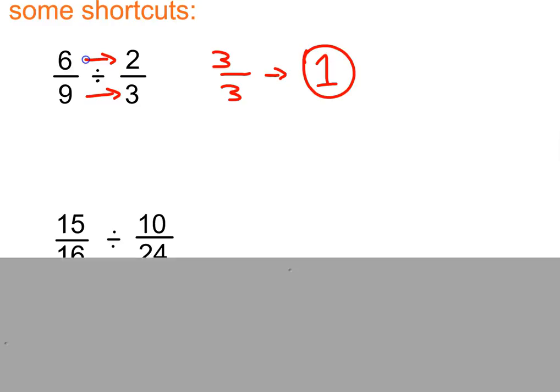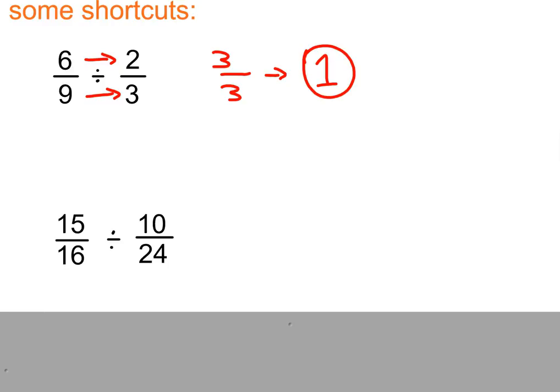Basically, that's it. Same with this. So 15/16 divided by 10/24, you may think there's no shortcut here. Well, if you look closer, you can actually cross-simplify division problems as well. 15 and 24 both have 3's in them, reducing that to 5 and an 8.